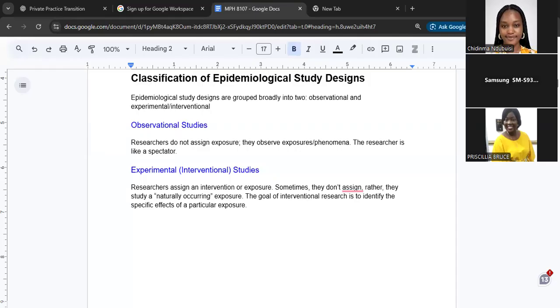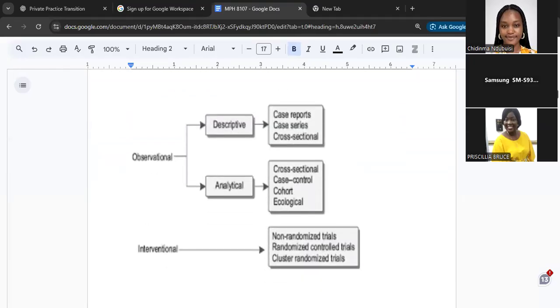So now let's talk about observational study design. That's one of the big umbrellas in epidemiological study design.